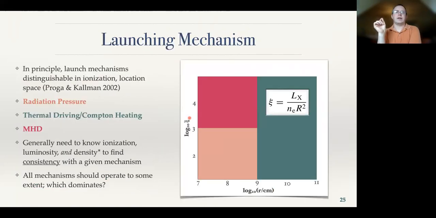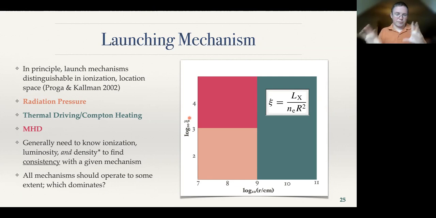A consequence of this is that, and I'll explain why this is a kind of a corollary, but I think we don't understand the launch mechanisms all that well. So in principle, the launch mechanisms that I've mentioned, radiation pressure and thermal driving and magnetohydrodynamics, can be distinguished by the location in the accretion disk and in ionization.